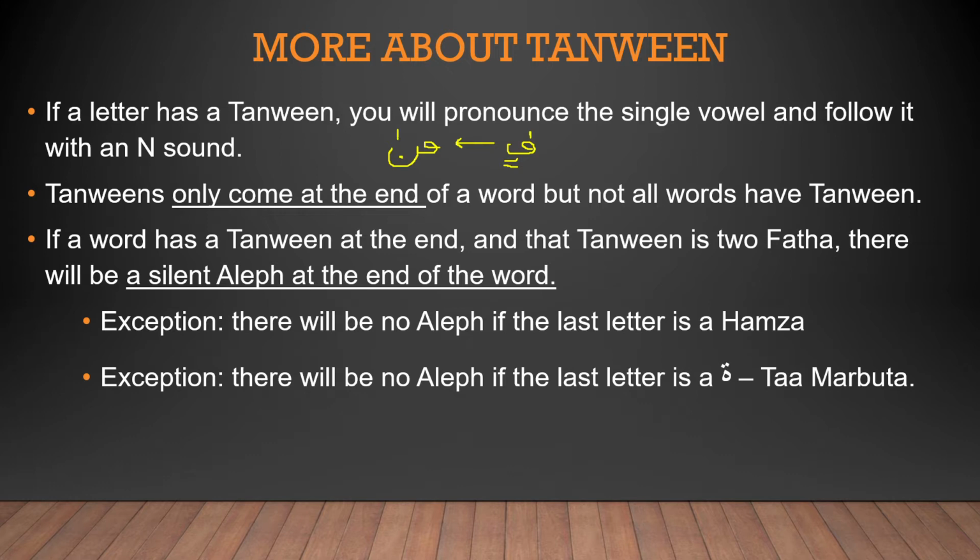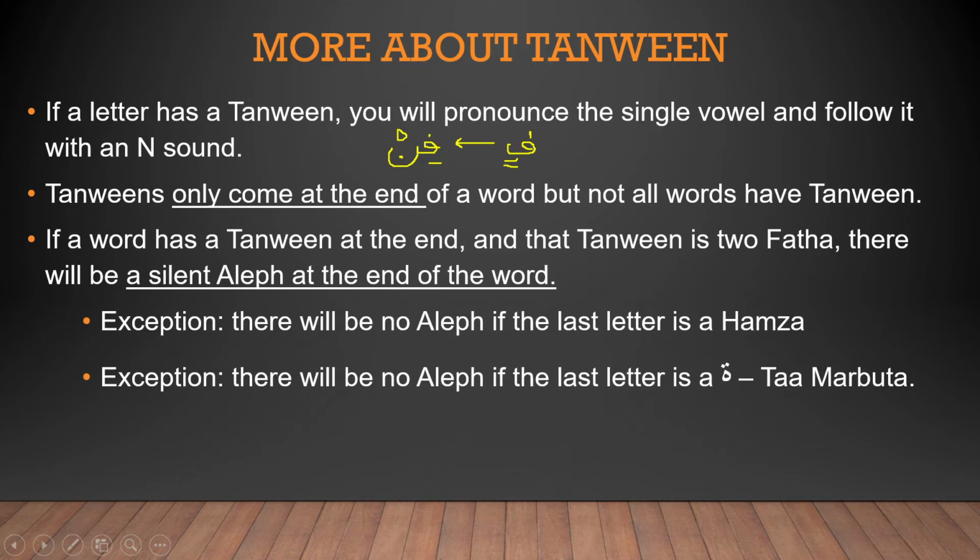It produces the same sound. So this and this are the same. As you can see, this is also fin and this is also fin. So tanween is just putting a noon sukoon after the vowel. That's all. The N sound is produced by noon sukoon in Arabic. So fin and fin are the same.